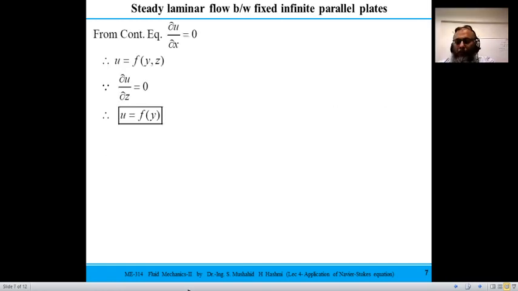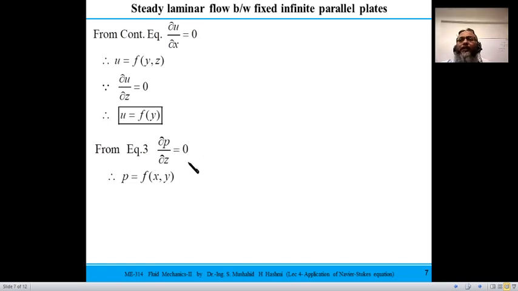The next thing we have to do is look at equation 3, which has a partial derivative of pressure with respect to z. Once you write a partial derivative, it means pressure is a function of more than one variable. It could be a function of x, y or z.